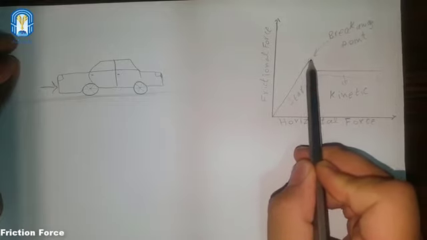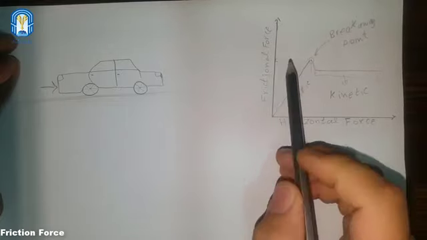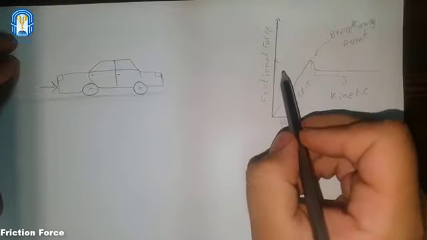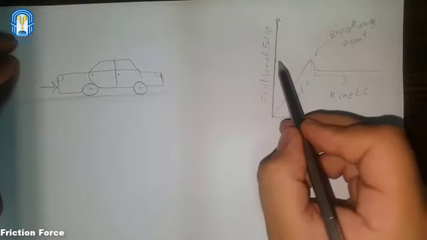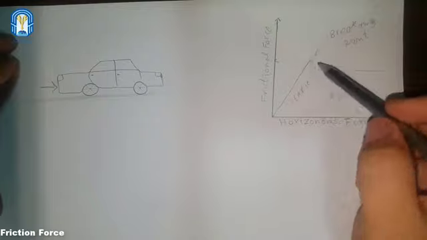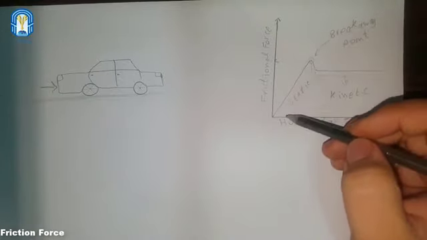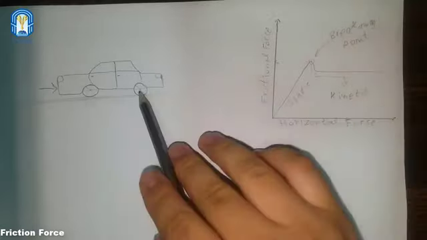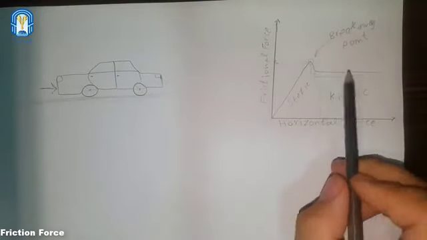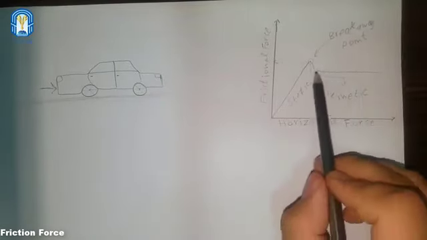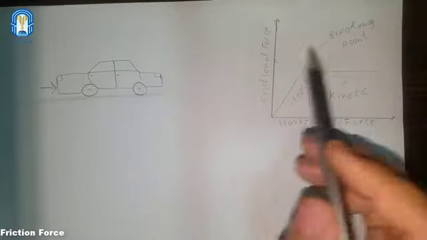This point here is the max point to move the car. In this state, there is no motion. The car is stopped. In here, the car is going to move.